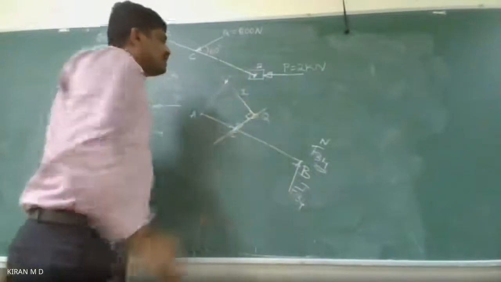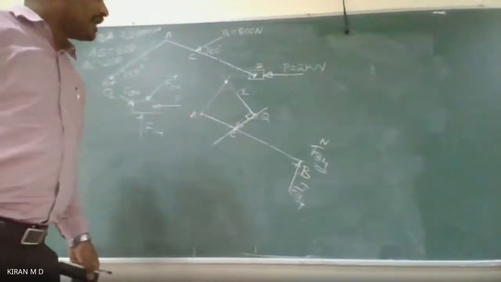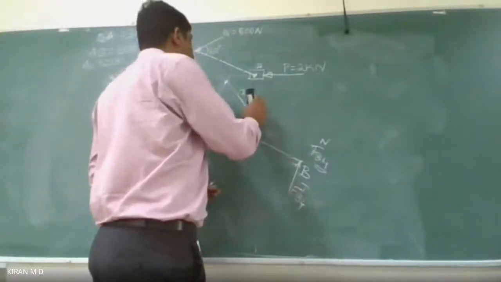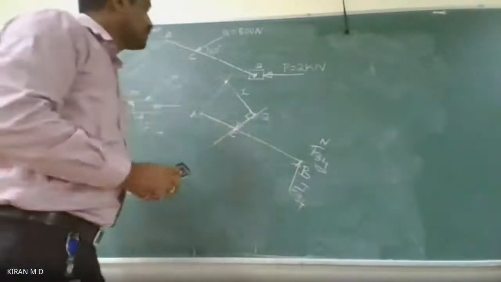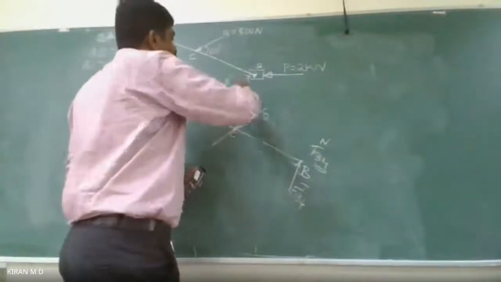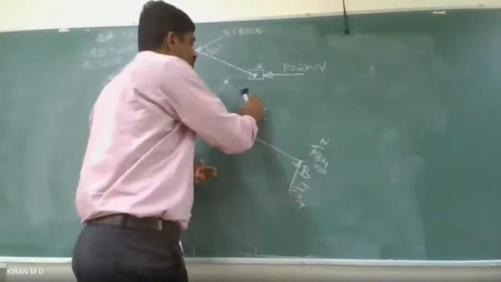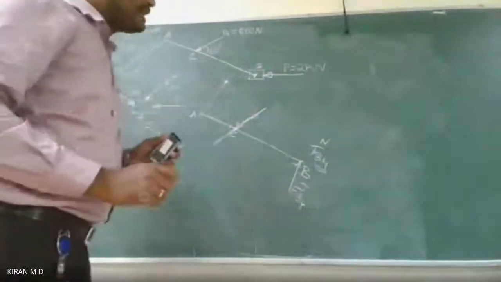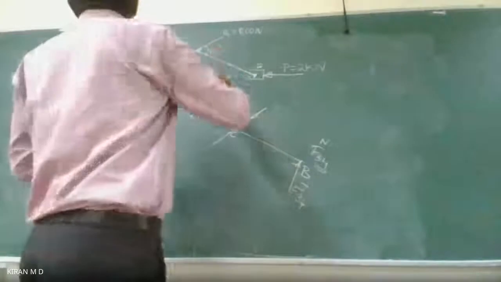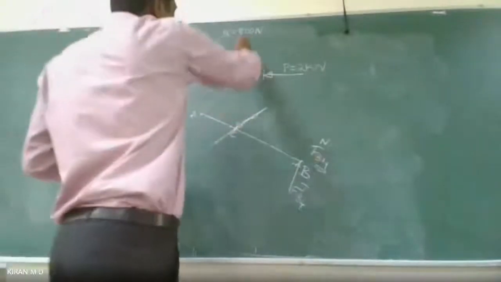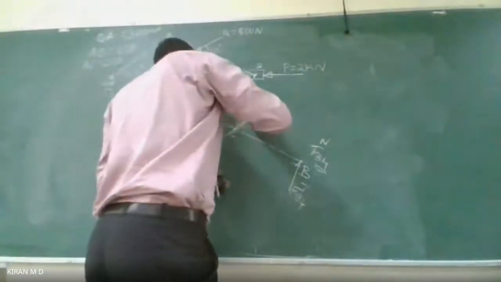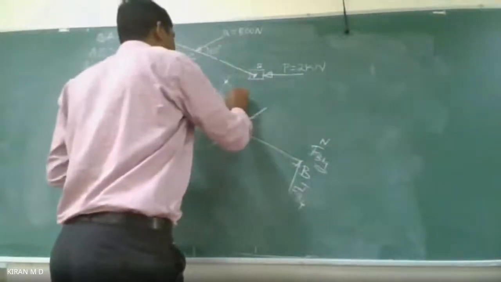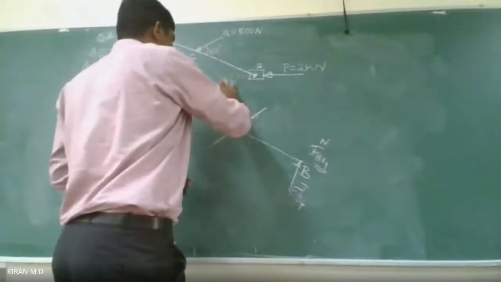This is X. Where we take this line is important, because if you increase the length, this length will vary. This length we know is 200 Newton. You can assume one scale, for 200 it means 800 Newton. For that particular scale, use the point and draw the normal line. So you will get this distance X.